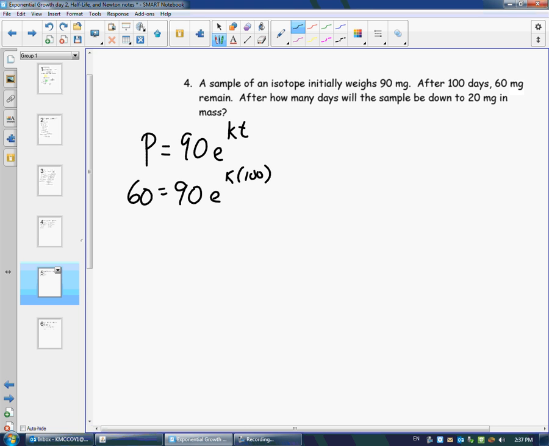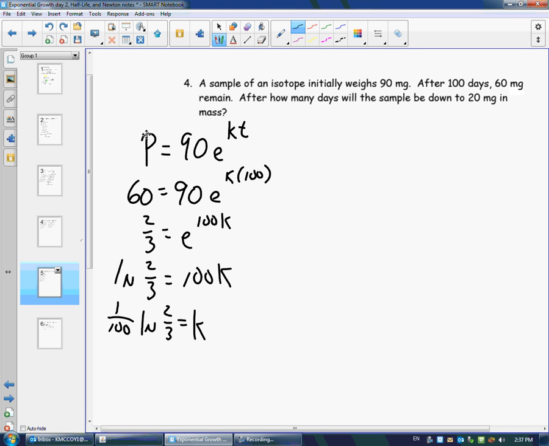Okay, same exact process. We're going to divide both sides by 90, so we're going to get 60 over 90, which is 2/3, e to the 100k, natural log on both sides. And then dividing by 100 is like writing 1 over 100 out in front. There's our k.